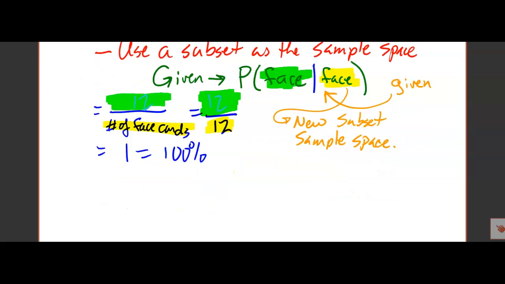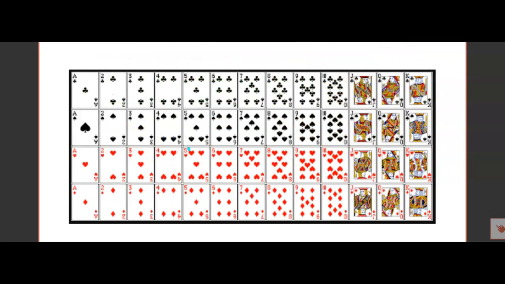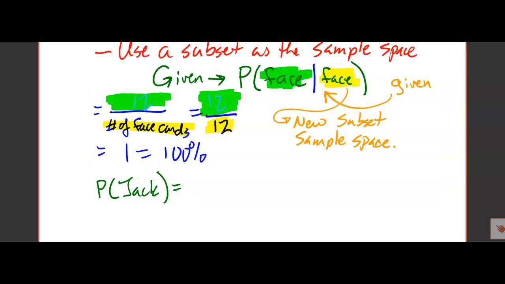One more example. What is the probability of a jack in the entire deck? Probability of a jack out of the entire deck. So I'm looking at jack cards. Here are the cards that are jacks. How many cards in the deck are jacks? I should be able to see that there are 4 jacks. So the probability of a jack is 4.